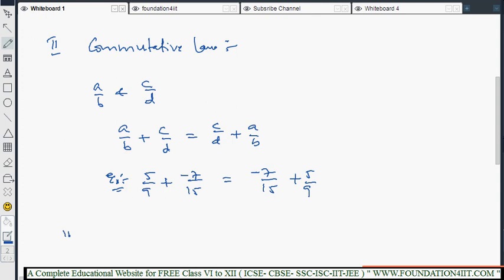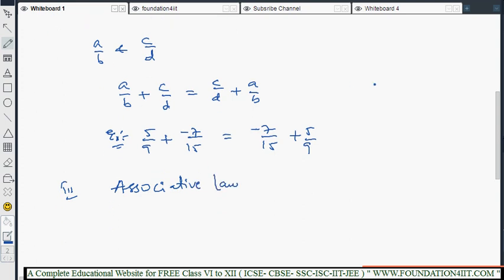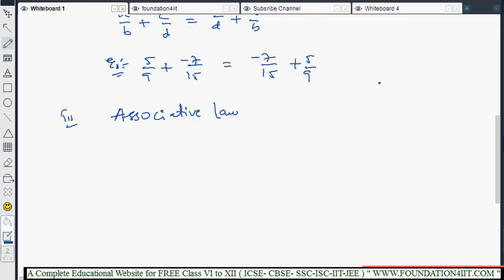Property 3 is the associative law, which also exists. I'll explain briefly, not going too deep, because you already studied these laws. For associative law we need to take three rational numbers: a by b, c by d and e by f.